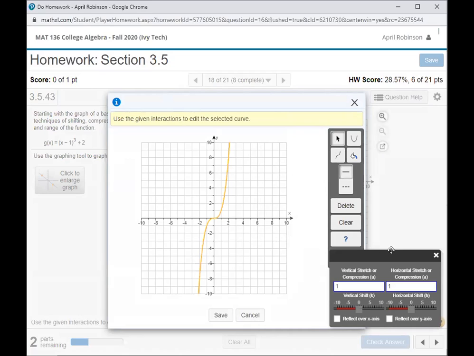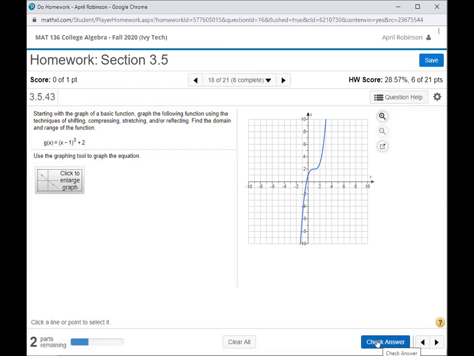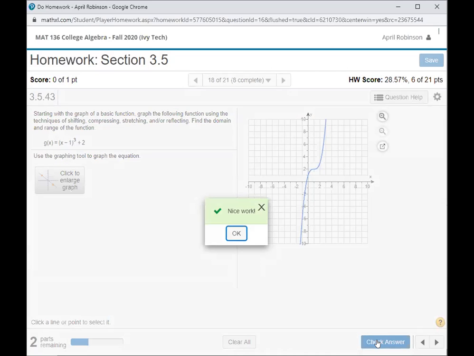I'm not doing any compressions or stretching because there's no number in front of the x. There is a -1, so that's a horizontal shift to the right one, so move that. And then there's a vertical shift of up 2, so 1, 2, and it just moved it. Save and check. Nice work.